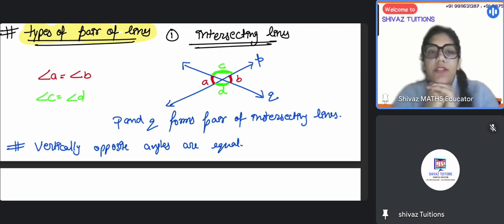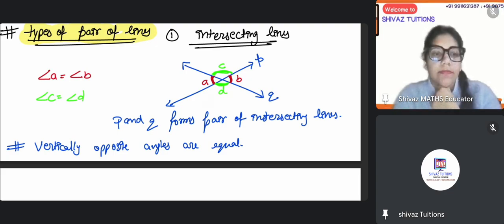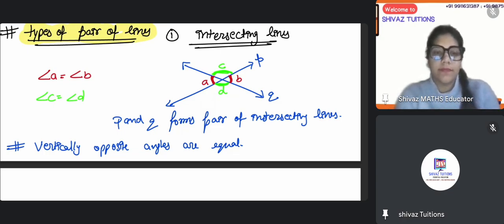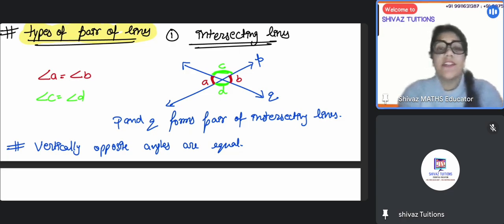Is everyone done with intersecting lines? Can we proceed ahead? Not yet. Okay, complete it quickly. Who are done, just put the second one, parallel lines. No, actually it is P and Q. Let me make a gap.